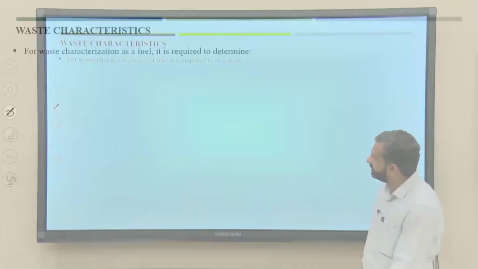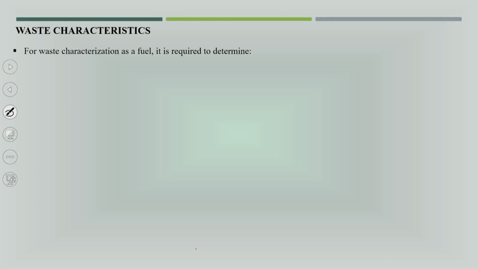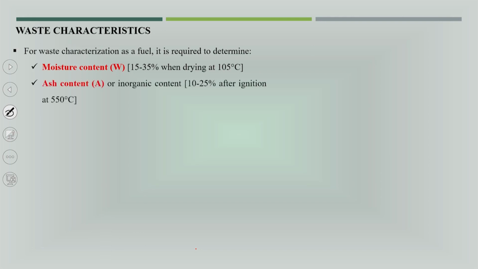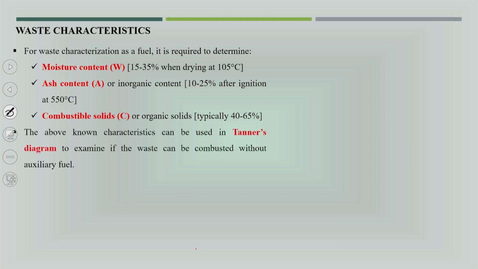Now, the waste characteristics. To see the waste as a fuel, the moisture content, W, needs to be determined. In another class I explained how to measure the moisture content and the ash content, and the combustible solids, or we can say volatile solids.